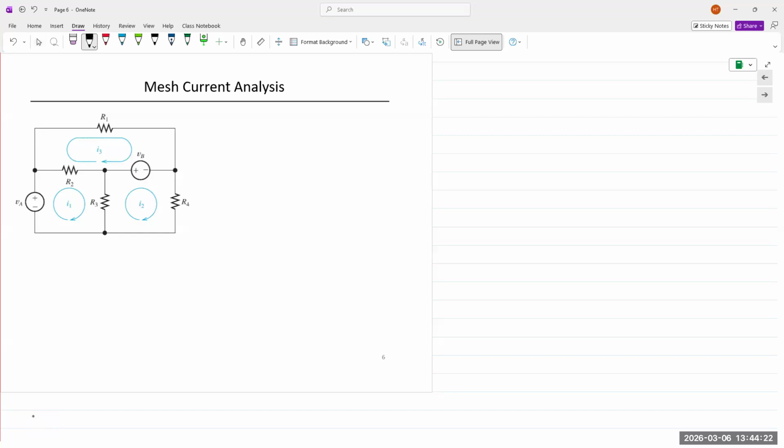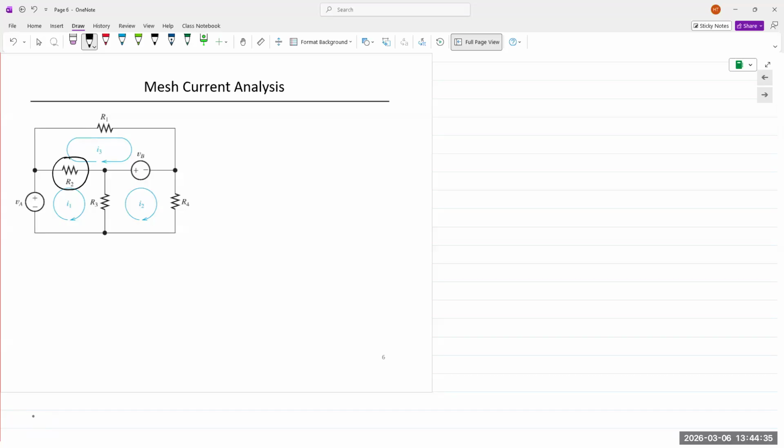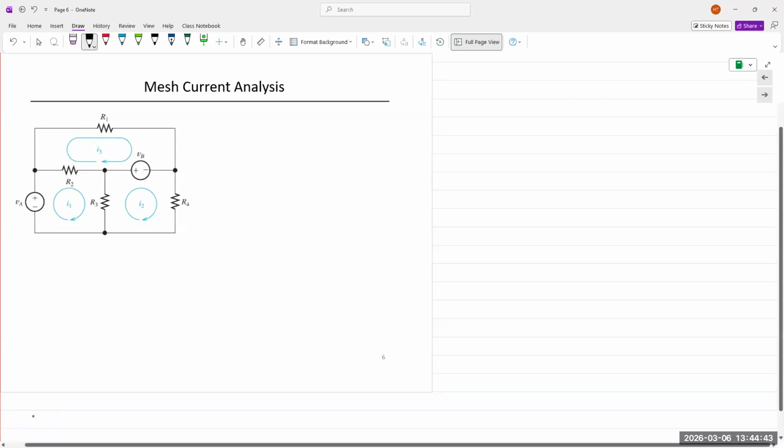But the mesh currents are drawn in sort of a loop. Okay. And then when you draw these mesh currents in a loop, you can see that if there is a resistor that is shared between two meshes, it also shares two mesh currents.